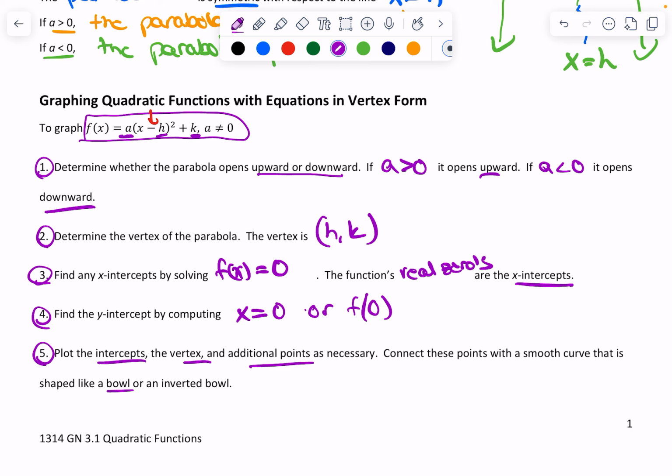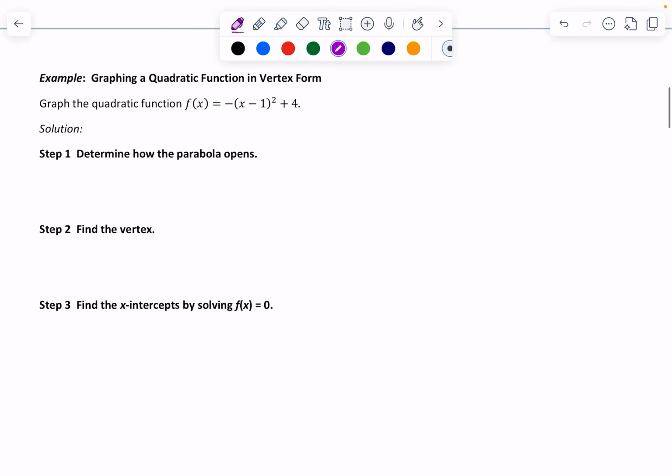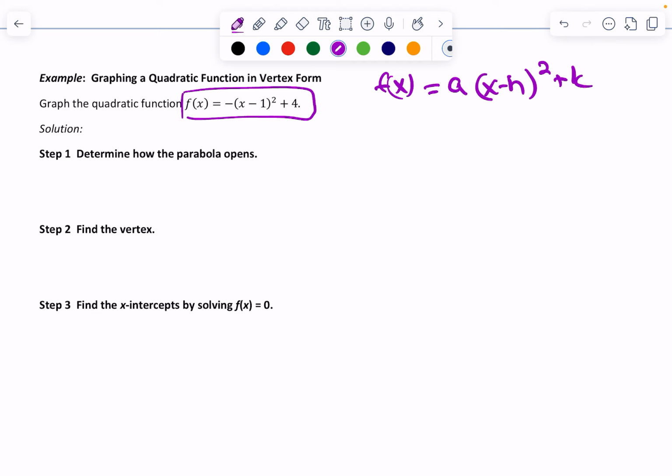Okay, let's look at an example here. So we are graphing this quadratic function right here, and remember that the vertex form is f of x equals a times (x minus h) squared plus k. So first we need to determine how it opens.